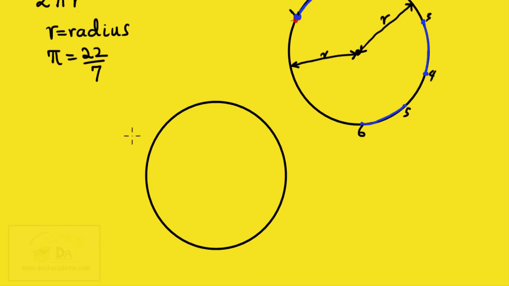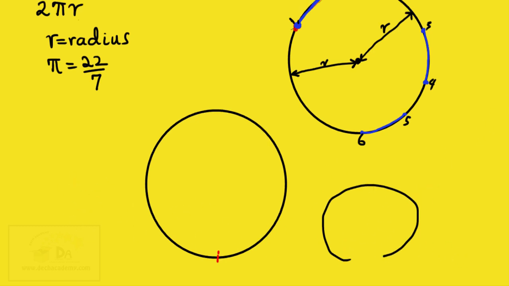If you consider cutting the circle at this point, I can straighten it out to give a straight line.